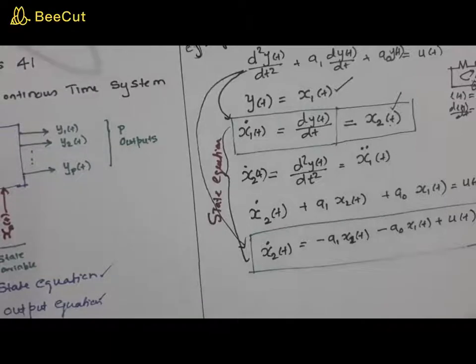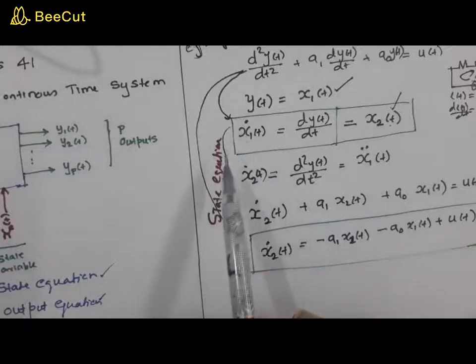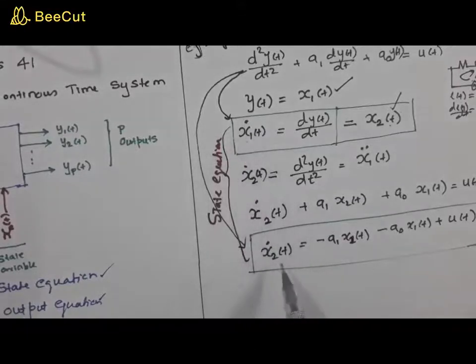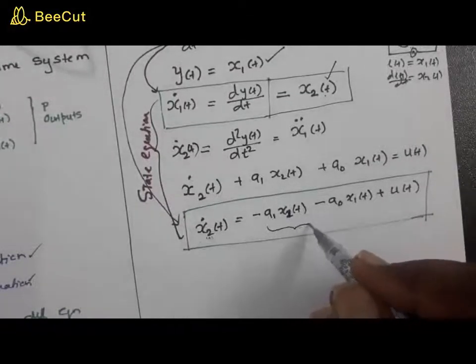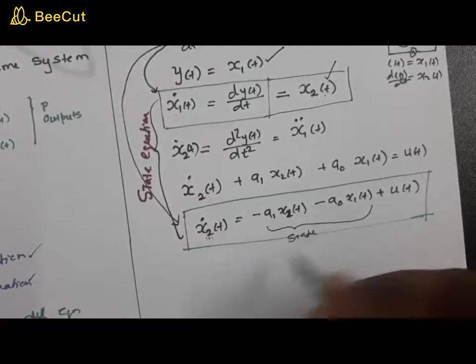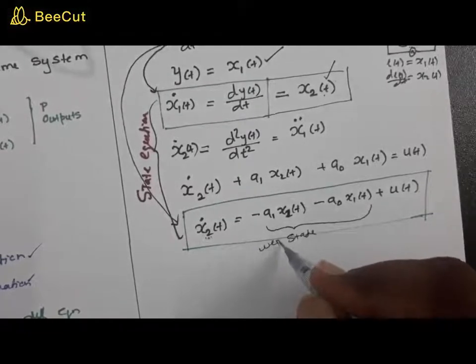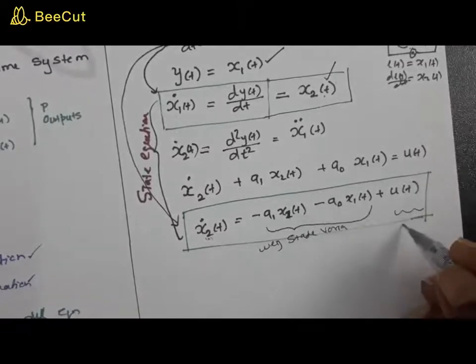Now, another thing that you can find out is that when you write down the state equation, it is the set of first order equations. When you look at the state equation, you can see that it is a combination of a weighted sum of the state variables and the inputs.